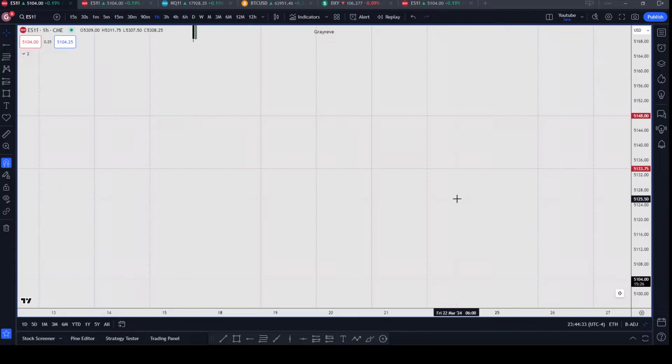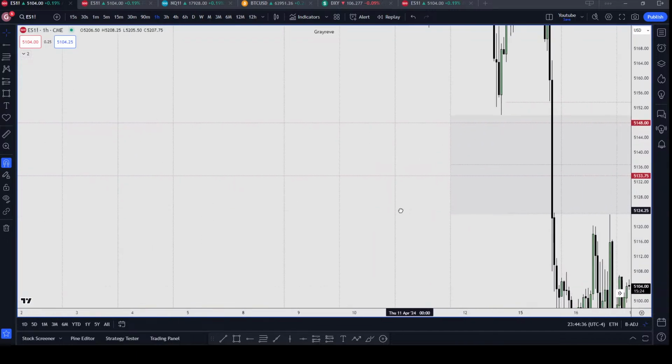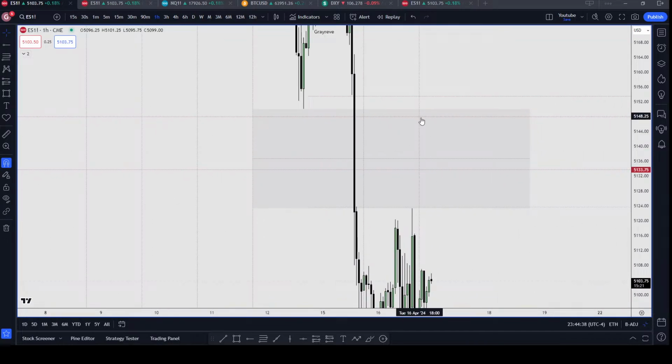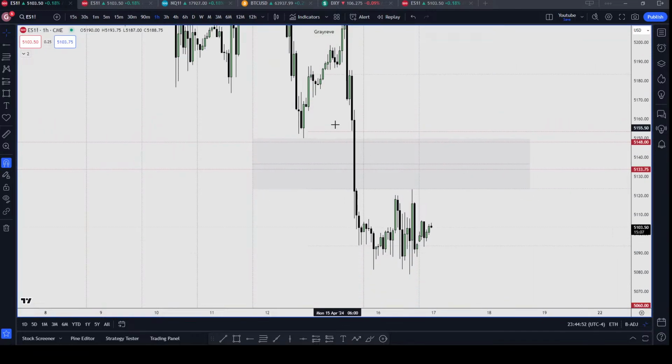Okay, so I'm gonna look to the right and then take a look at where the levels are. Okay, so this level here is below this volume imbalance, below this consequent encroachment here, right? But still doesn't tell me anything. Didn't even give me a short-term high above this daily fair value gap.